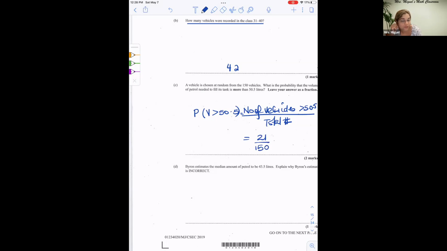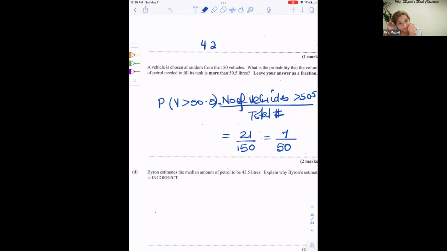What number can divide into 21 and 150? 3. So 7 3s are 21 and 50 3s are 150. So the answer is 7 over 50. So take it out.